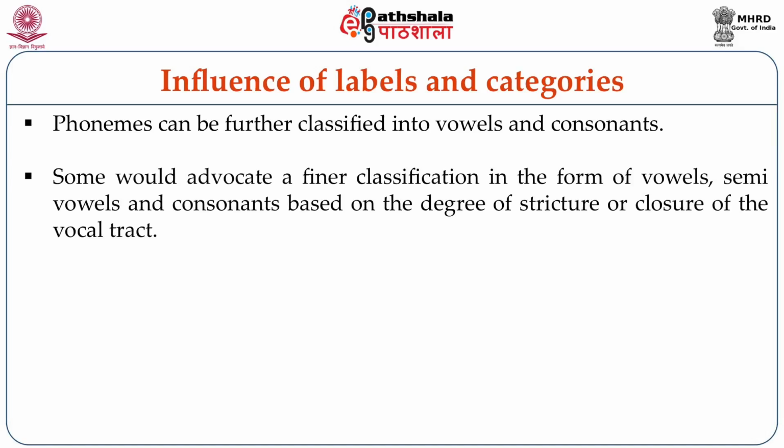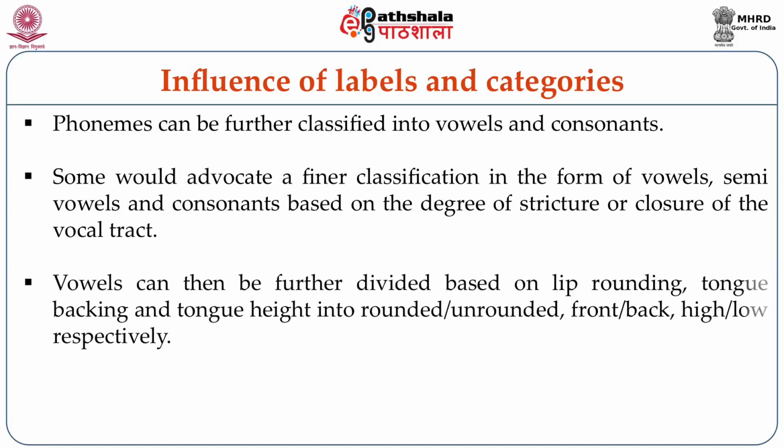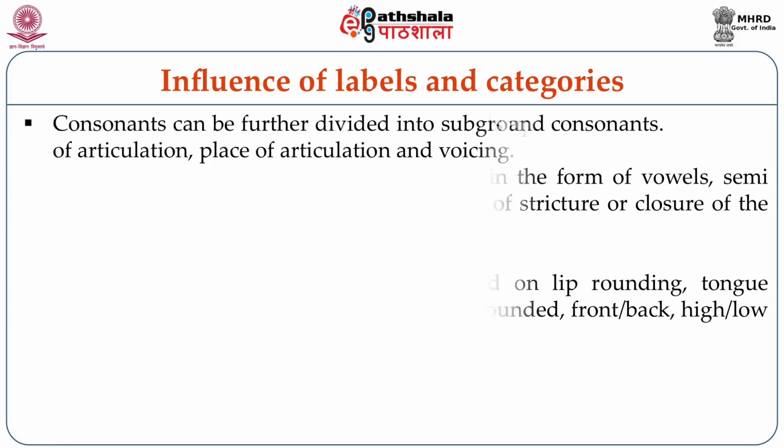Some would advocate an even finer classification in the form of vowels, semi-vowels, and consonants based on the degree of stricture or closure of the vocal tract. Vowels can then be further divided based on lip rounding, tongue backing, and tongue height into rounded, unrounded, front, back, and high-low respectively.